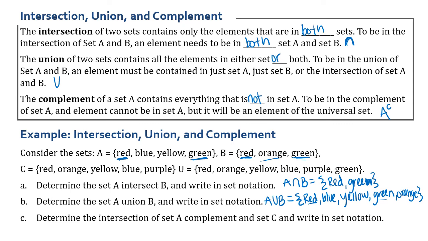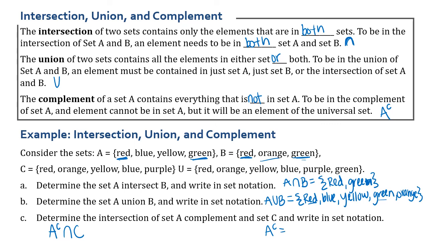Determine the intersection of A complement and set C and write it in set notation. That's going to look like A complement, and we're doing the intersection, so that's the upside down U, and set C. Finding an intersection means the elements that are in both sets. Let's first figure out what A complement is.